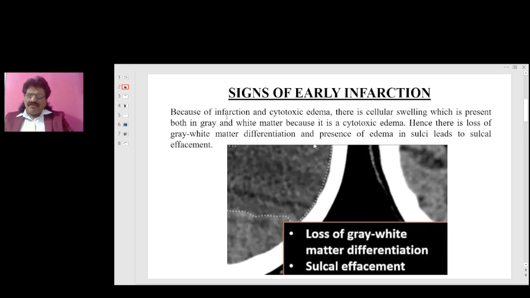Because of infarction and cytotoxic edema, there is cellular swelling which is present both in gray and white matter, unlike vasogenic edema.